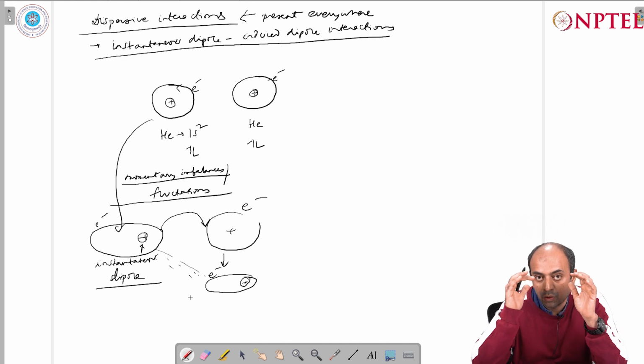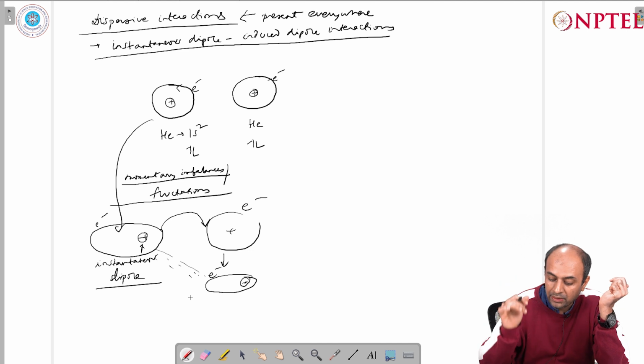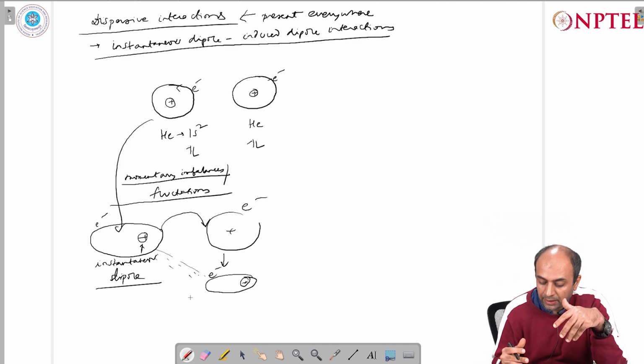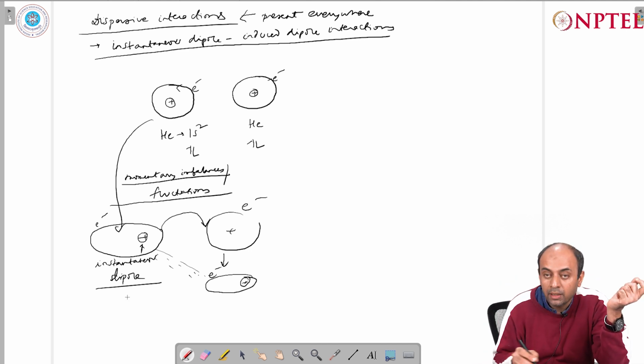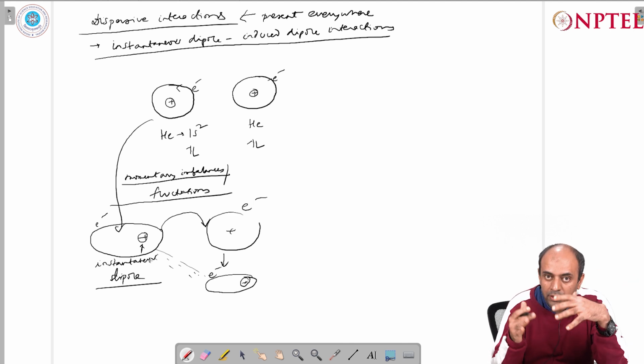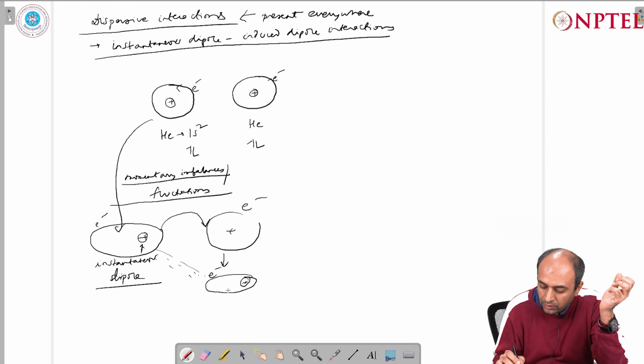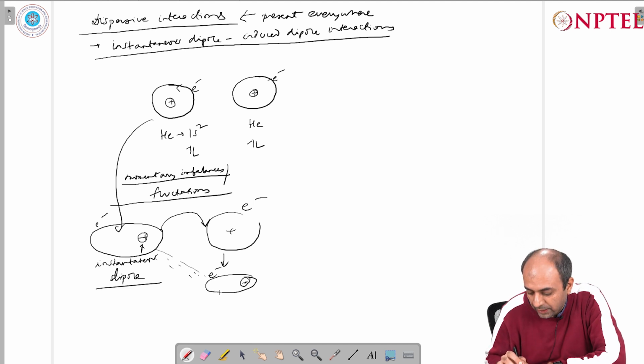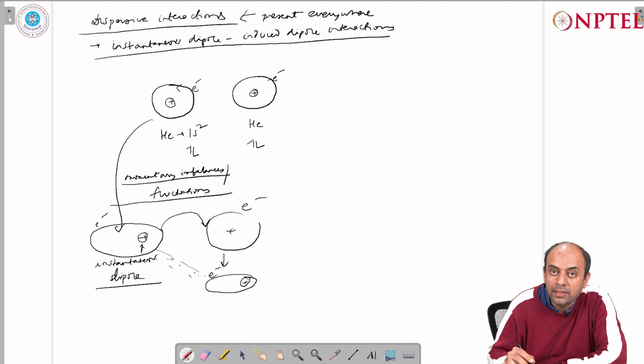To start with, we have heard that helium atoms are rare gas atoms. They have closed electronic shell configuration, they are spherical in nature, but in reality when you bring helium atoms close to each other, instantaneous dipoles are created, and these fluctuations in the system induce a dipole moment in the other helium atom, and then there is a weak intermolecular association between the helium atoms.